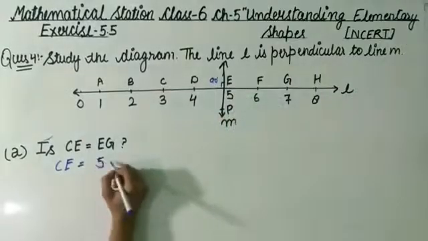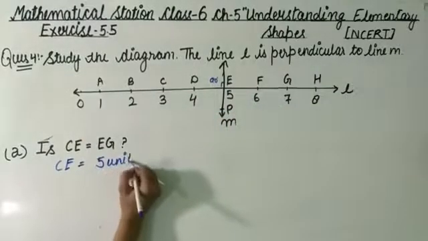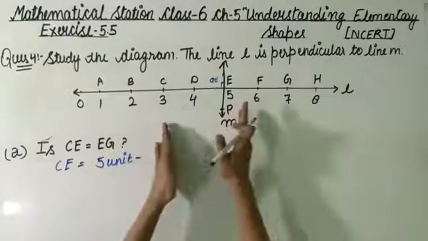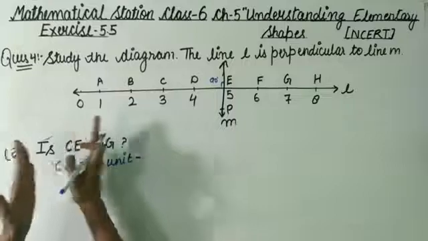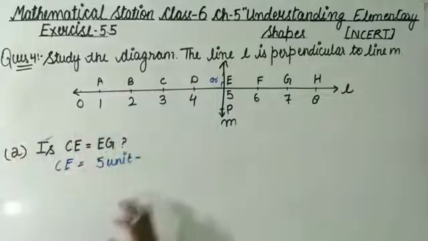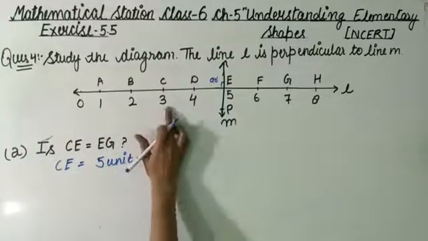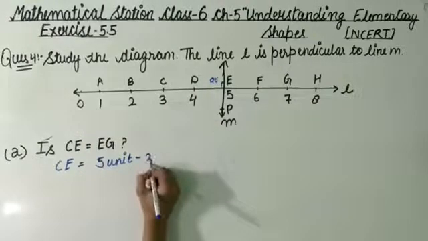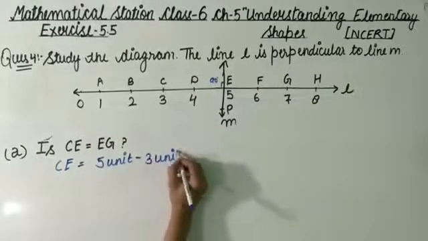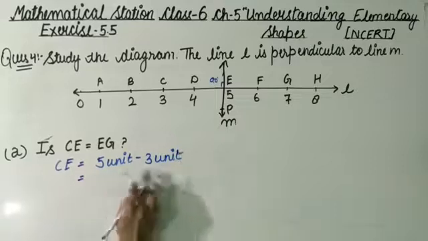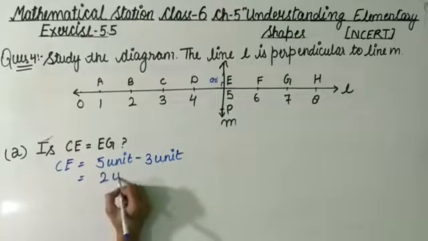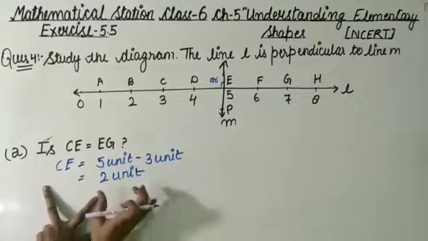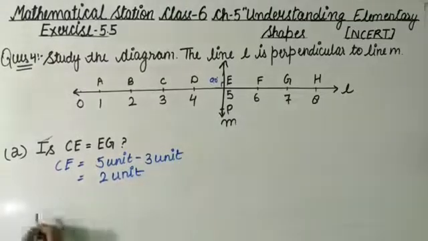So 5 unit minus 3 unit. Now from 5 unit we will subtract 3 unit. So CE equals 5 unit minus 3 unit equals 2 unit. So the length of CE is 2 unit.